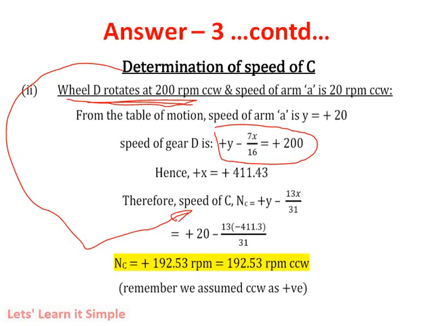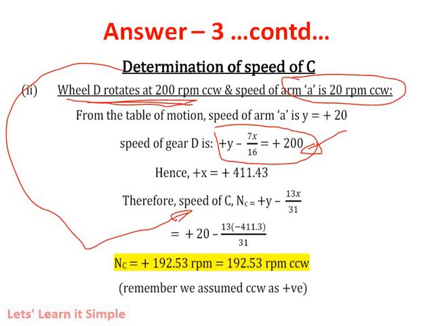Therefore, it is equated with plus 200. There is an unknown x. For the unknown x, it is given that the speed of arm is 20 rpm counterclockwise.